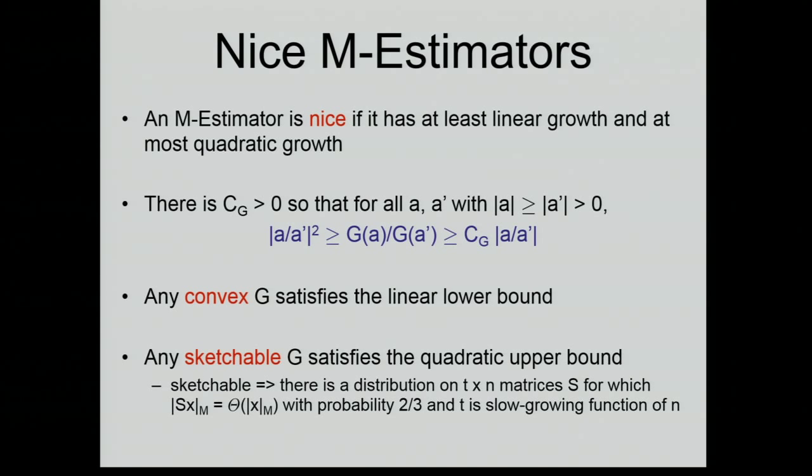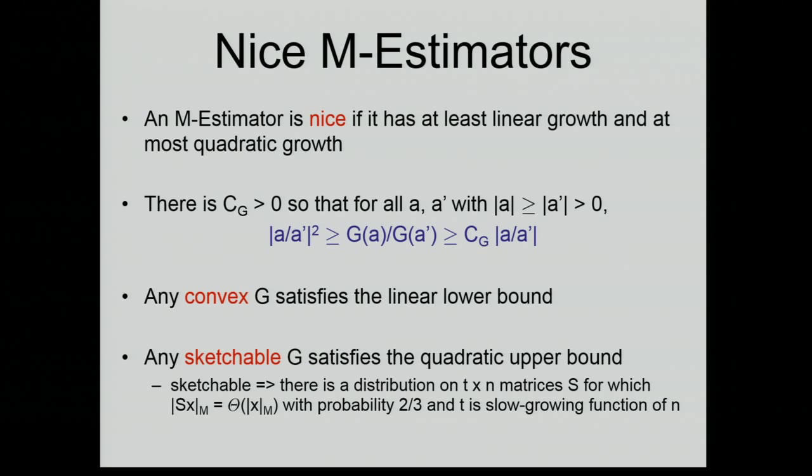More formally, there's a distribution on t by n matrices S, independent of x, for which for every fixed x, if I sample one of these matrices S, the M norm of S times x is within a constant factor of the M norm of x. And what we want is for t to be a slow growing function of n. So S is this wide fat matrix. We're taking this tall thin vector x and computing S times x.